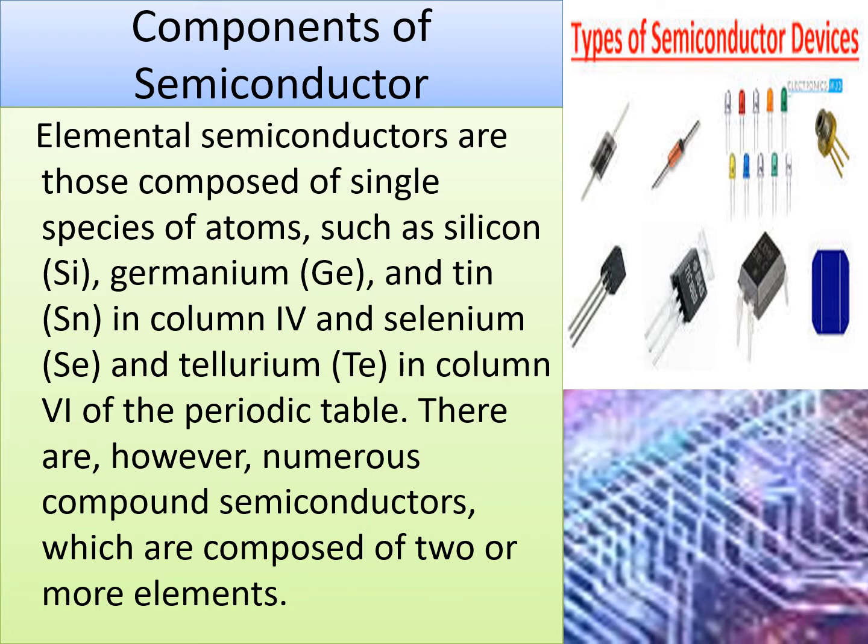Elemental semiconductors are those composed of a single species of atom, such as silicon, germanium, and zinc in column and selenium and tellurium in column of the periodic table. There are, however, numerous compound semiconductors which are composed of two or more elements.